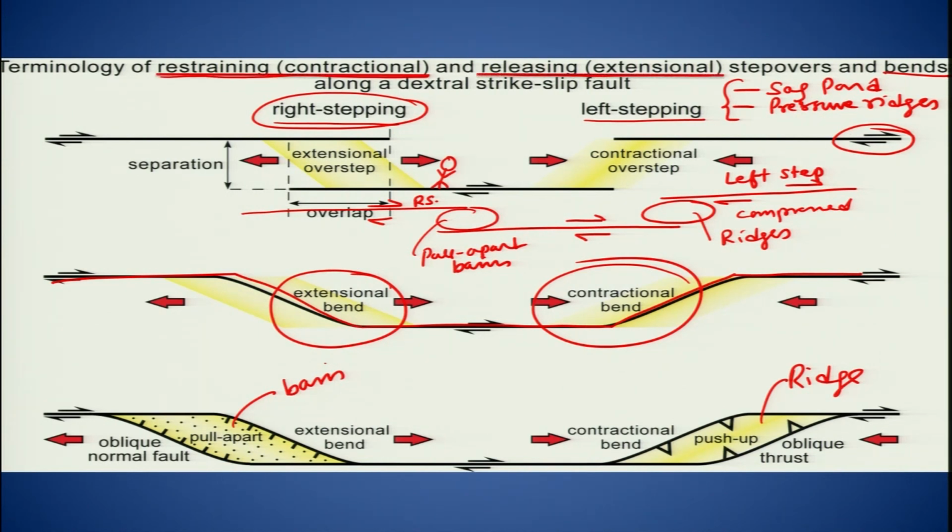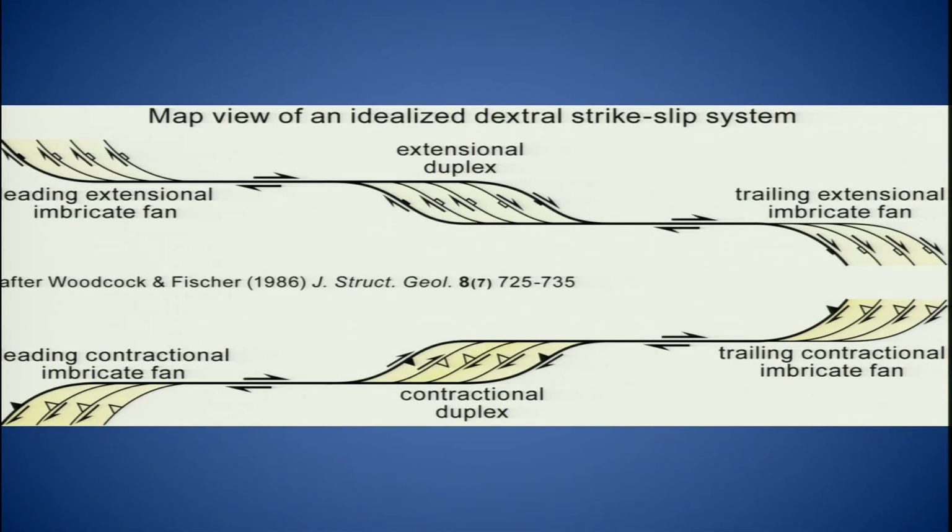So you have extensional and contractional features. Similarly, it has been shown here. Again this is the right lateral, so the step over here will result in a different deformation pattern, typical of dextral slip.